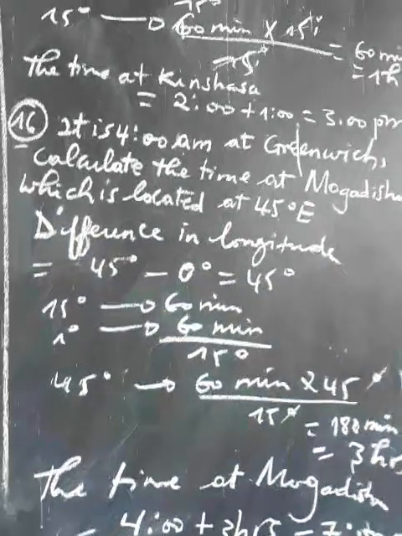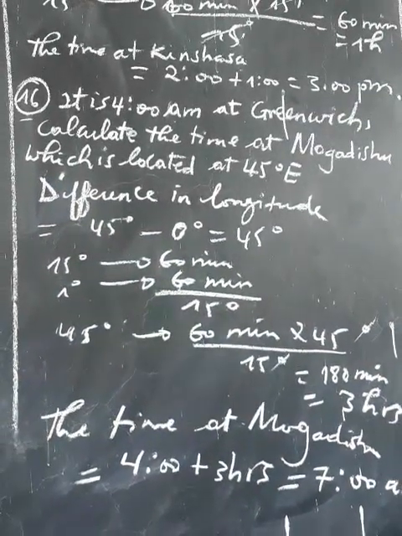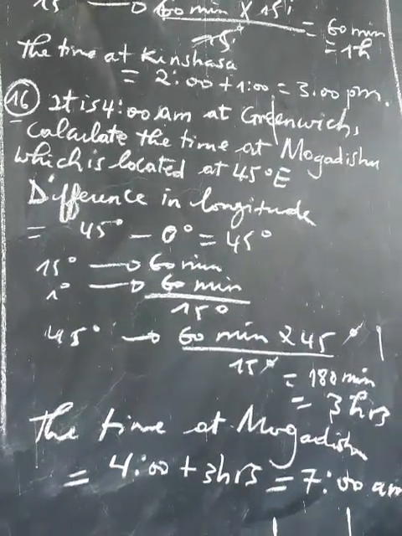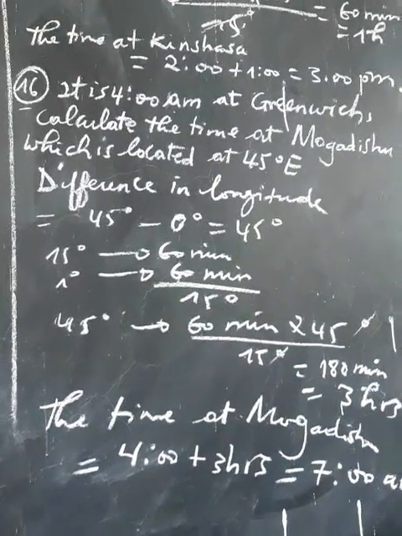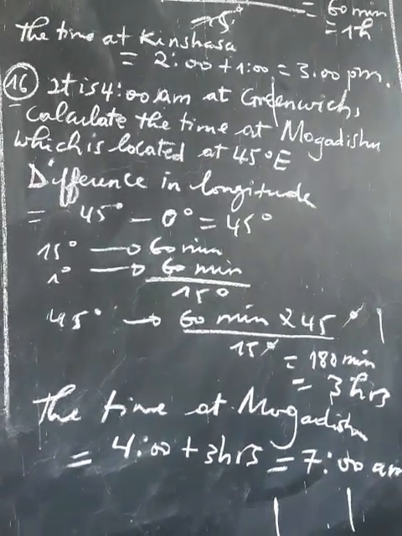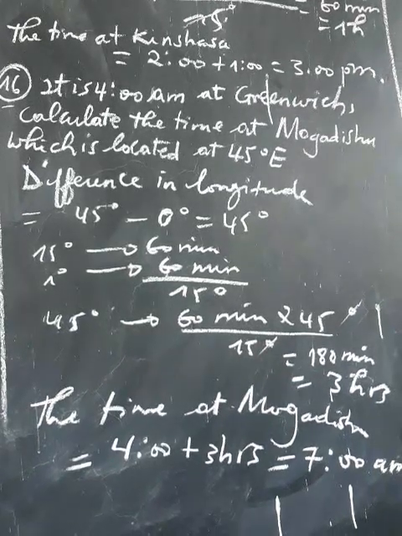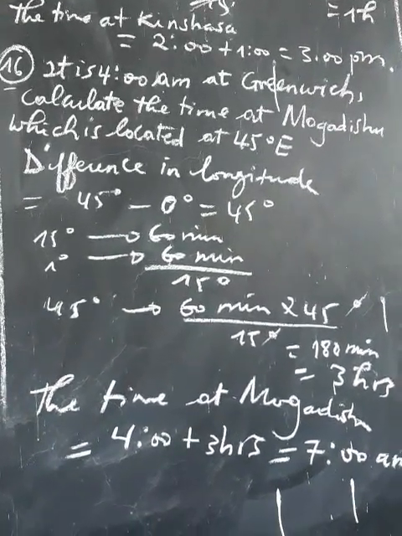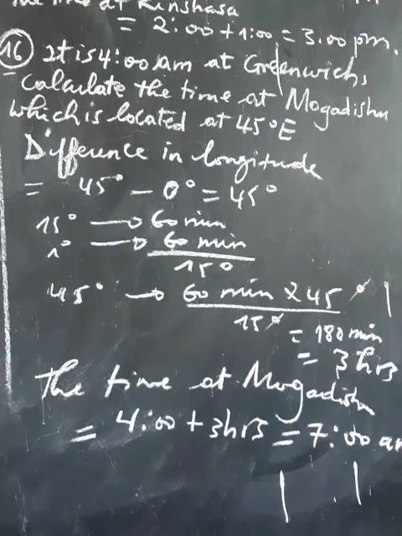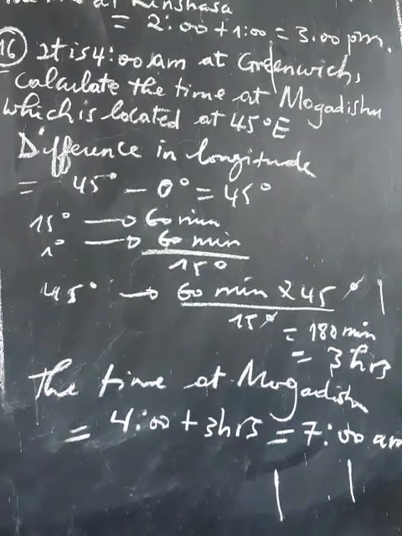It is 4:00 a.m. at Greenwich. Calculate the time at Mogadishu, which is located at 45 degrees east. We look at the difference in longitude. 45 minus 0 degree of Greenwich. Then we get 45 degree. Then 15 degrees is equal to 60 minutes. 1 degree is 60 minutes over 15 degree.